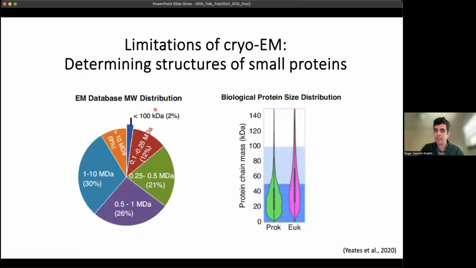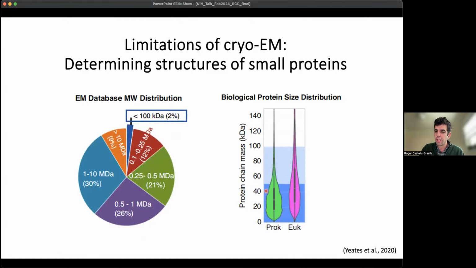And cryo-EM is an amazing technique. And for example, as I say, it has been used to solve the structure of lots of very large complexes. But when we start going below 100 kilodaltons, we can see that it's the minority of the structures that are obtained. And if we go below 50 or 42 kilodaltons, then it becomes more difficult or nearly impossible to obtain structures.